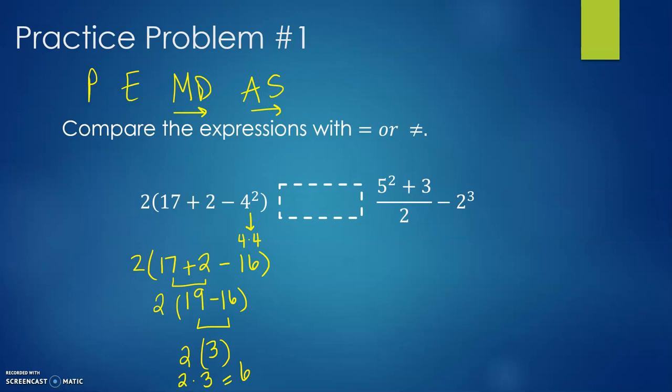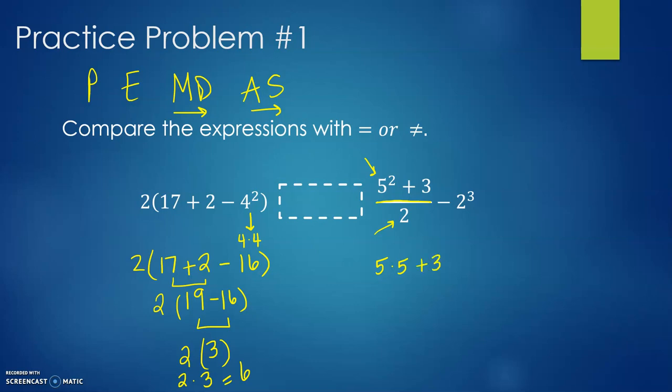Now, with this problem, this bar right here is similar to a parenthesis, which means I have to figure out the answer on top before I can divide by 2. And then I'll subtract by this at the end. So 5 squared is the same thing as 5 times 5.